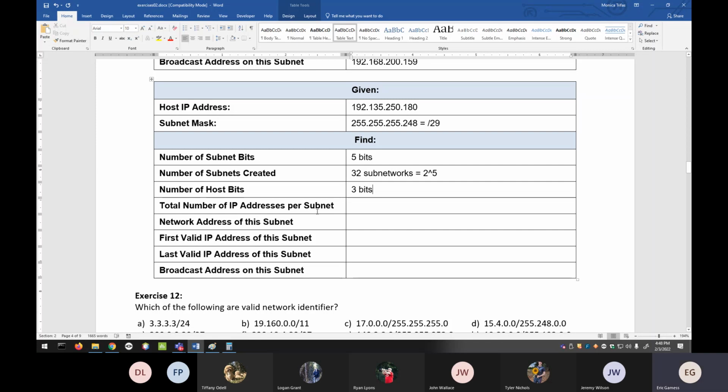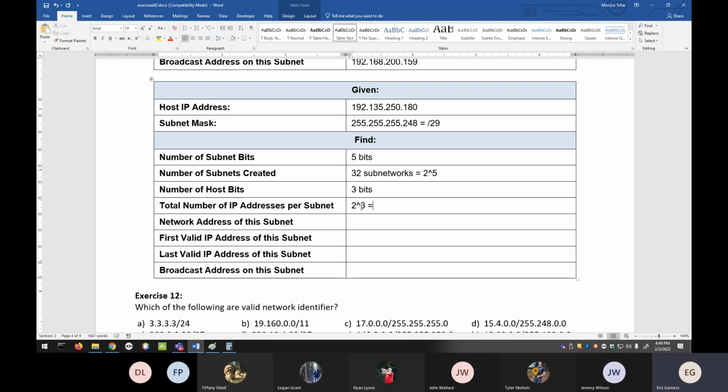So here they ask you what will be the total number of IP addresses per subnet. Of course, 2 to the power of 3.